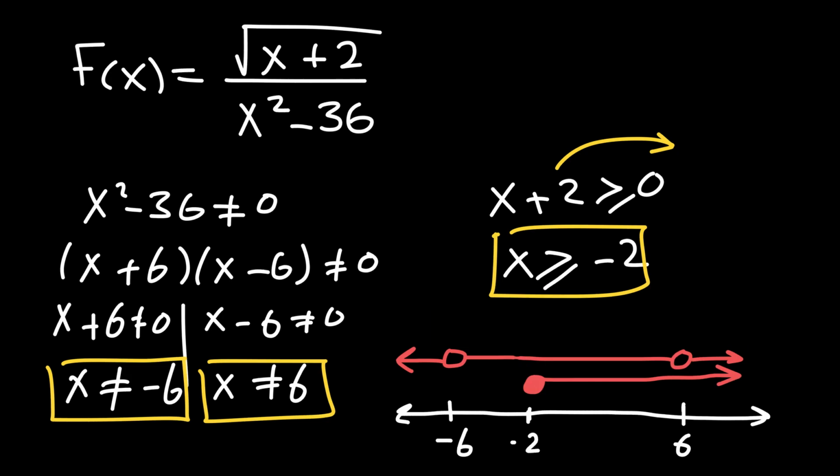And from here we can say that the domain is negative 2. Of course, we have to put a bracket because negative 2 is included in our solution, because we made a closed circle, until we reach the 6. 6 is not included. That's why we made an open circle. So I will just write 6 parentheses, union, another parentheses, 6 to infinity.